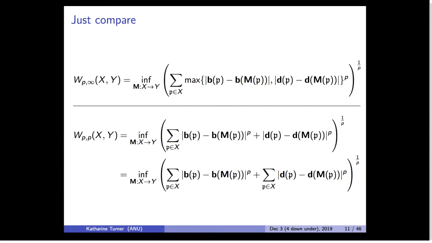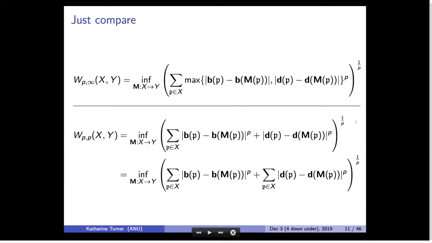Now, if I make q equal p, then what happens is that the norm in the plane actually splits up. Remember in your definition of Wasserstein, you take your q norm to the power of p. But if it's a p norm to the power of p, well, that's just the same as the differences in the x coordinate to the p plus the differences in the y coordinates to the p.